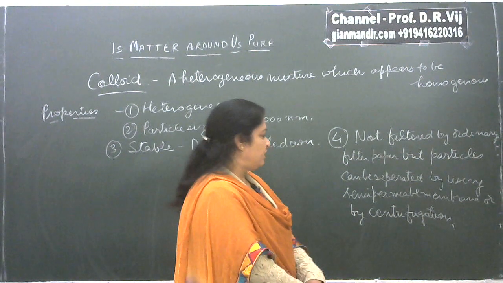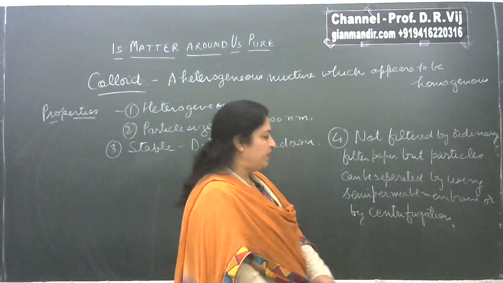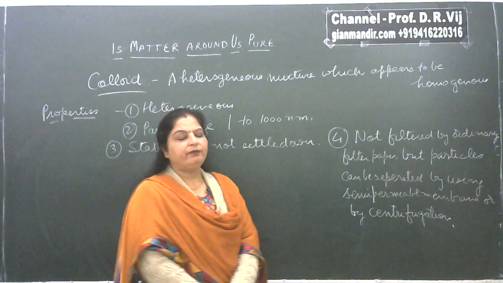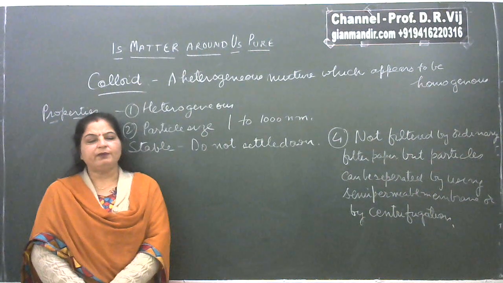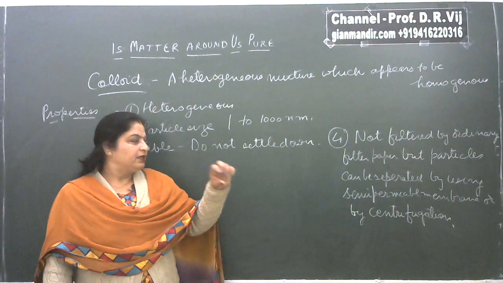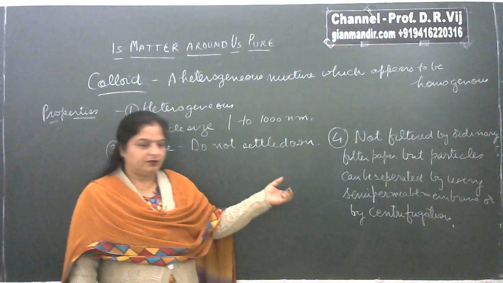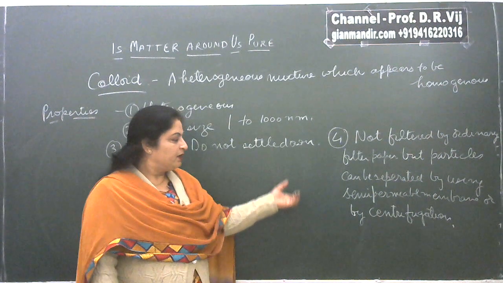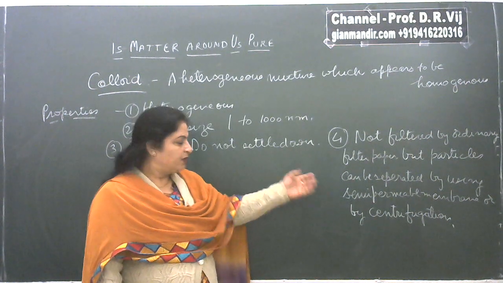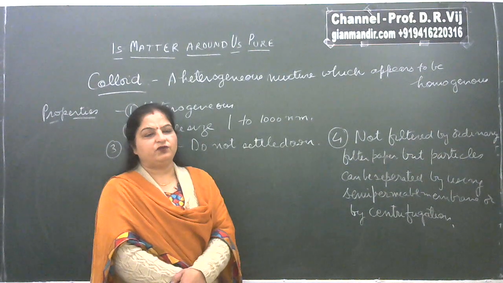But the particles of colloid can be separated by using the special type of membrane which is known as semi-permeable membrane. Semi-permeable membrane is a membrane where the pore size is so small that the particles of colloid cannot pass through the membrane. So either they can be separated by using a semi-permeable membrane or by the process known as centrifugation.